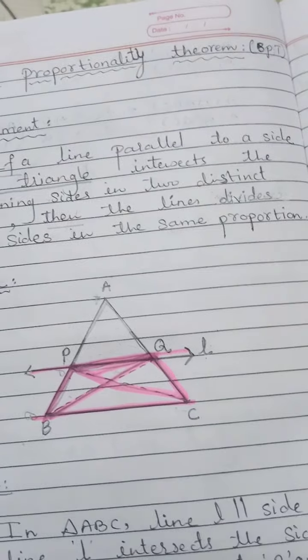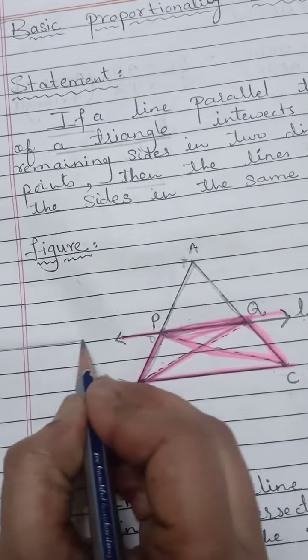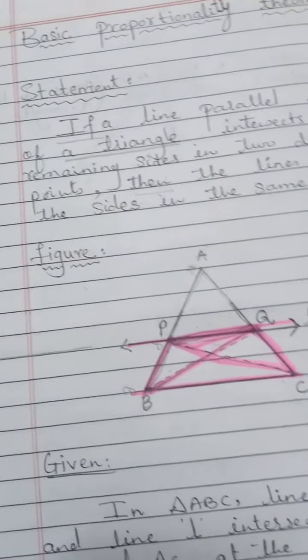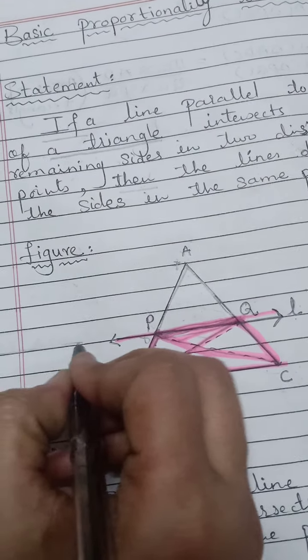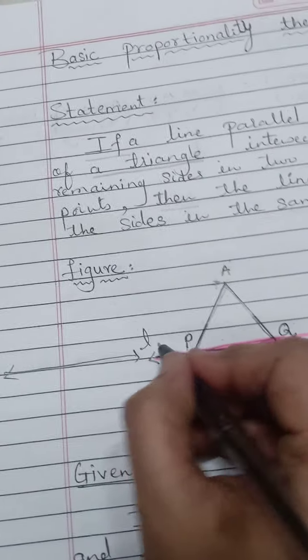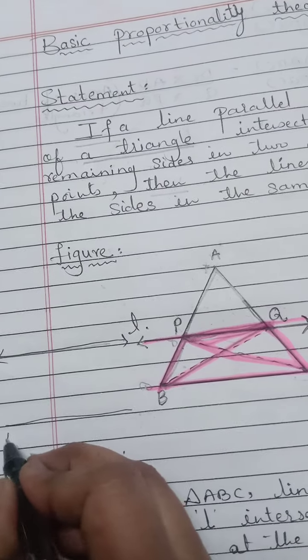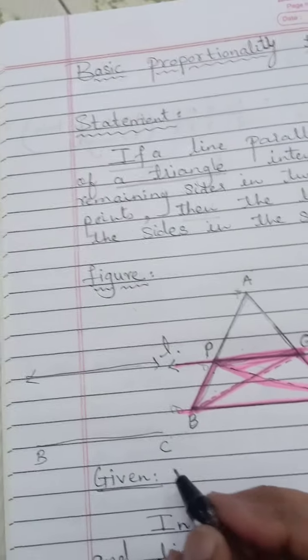And between two parallel lines, see here, I will explain again. This is line L and this is side BC. Okay.